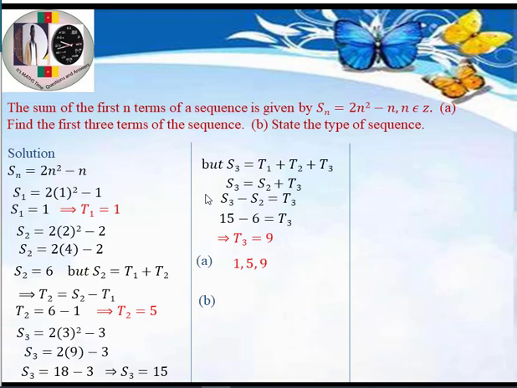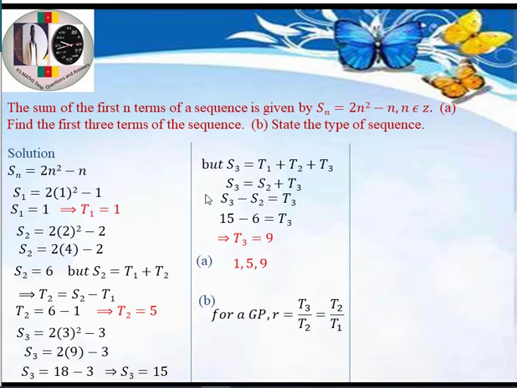For a geometric progression, we have what we call a common ratio, and this common ratio is obtained when the third term divided by the second term is equal to the second term divided by the first term. If this is true, then we can conclude that the sequence is a GP, which is a geometric progression.